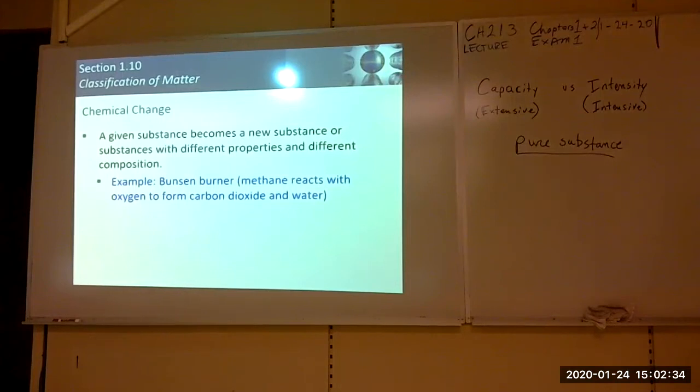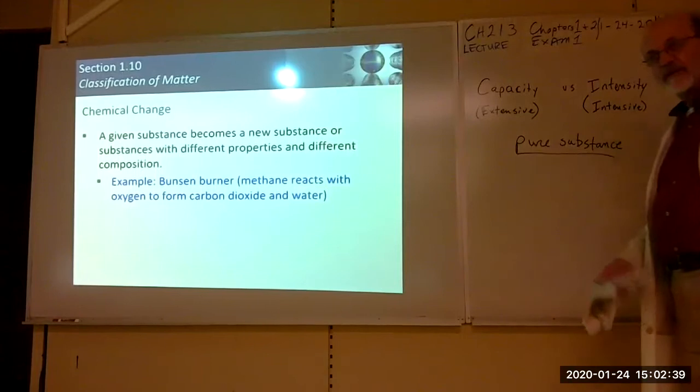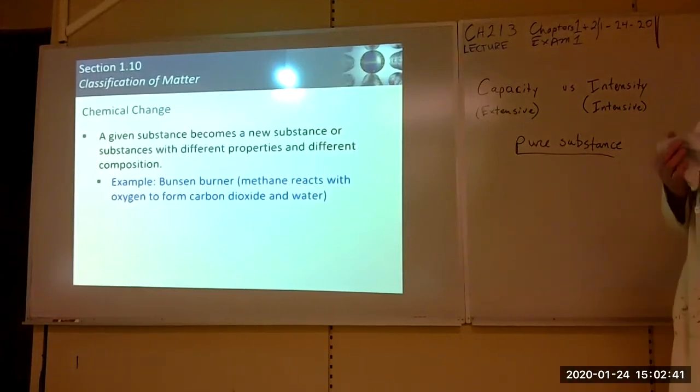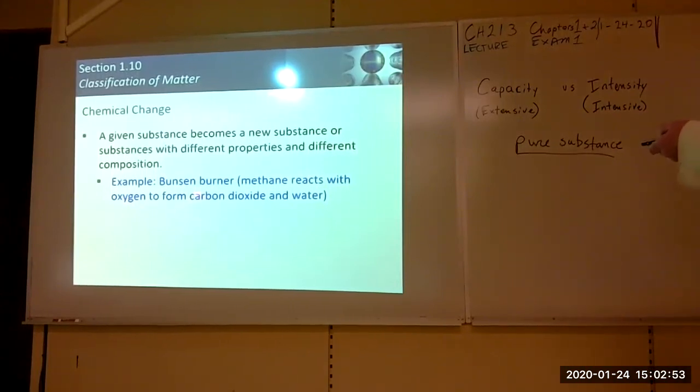Chemical change. A chemical change produces a different substance. It has different characteristics altogether. Right? Not just phase, not just what type of mixture it is. A chemical change produces different substances. So in a Bunsen burner, you've got methane gas primarily that's piped into the lab. Or in your house, it would be in your stove, if you have gas at home.